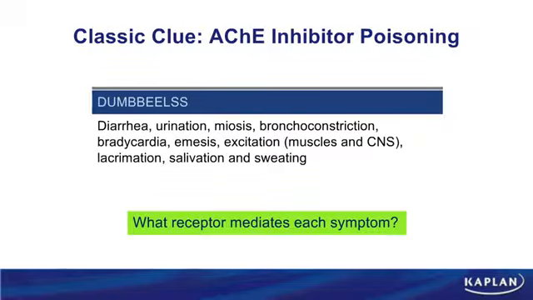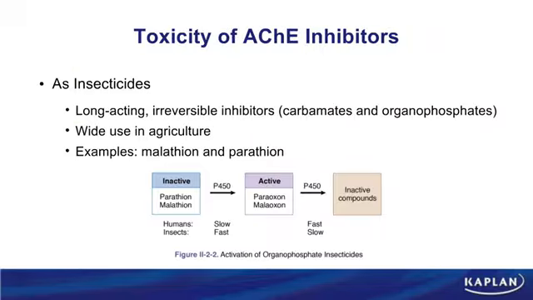When I think about insecticides, remember that these are long-acting, irreversible inhibitors. They can be subcategorized as carbamates or organophosphates, used in agriculture, drugs like malathion and parathion. We have a diagram that shows you why these are more selectively toxic to insects compared to humans.